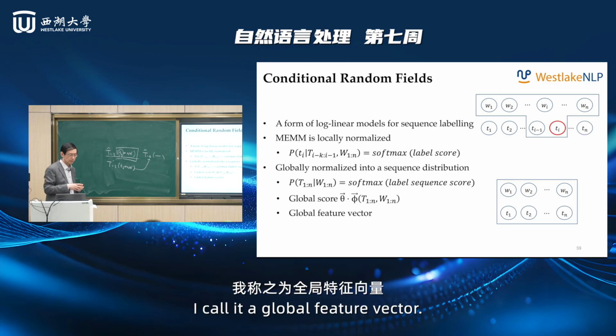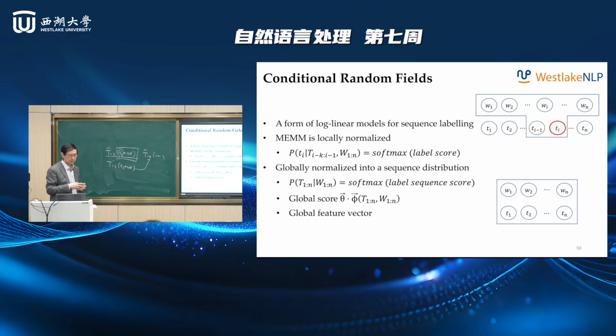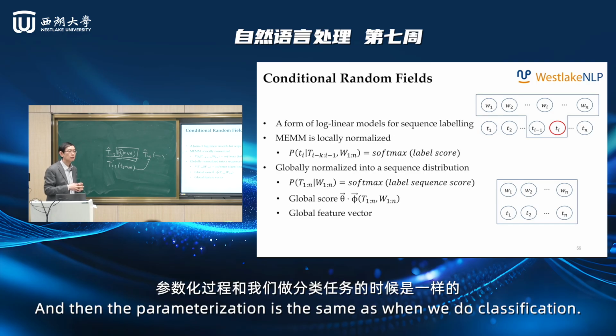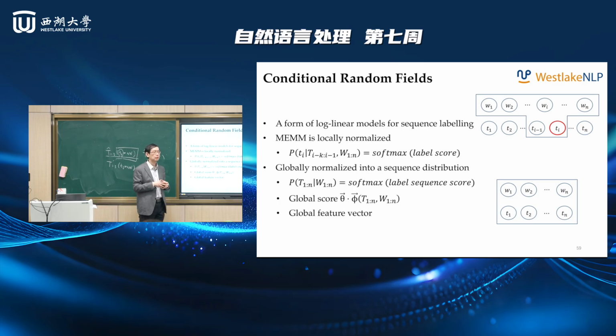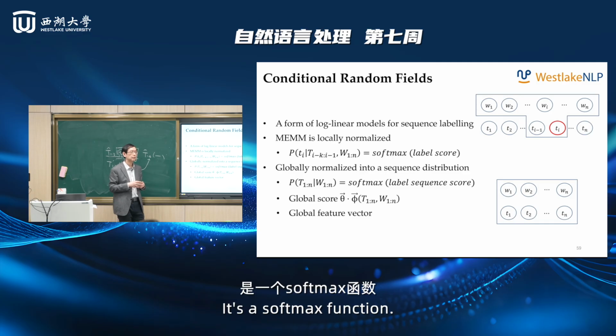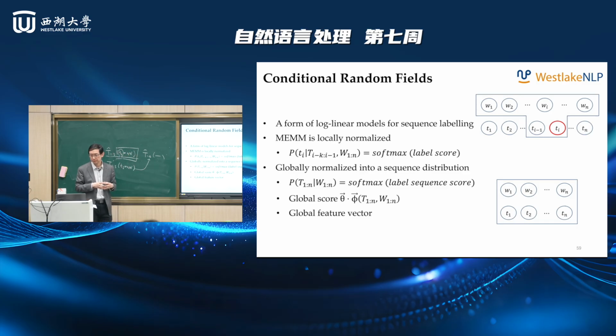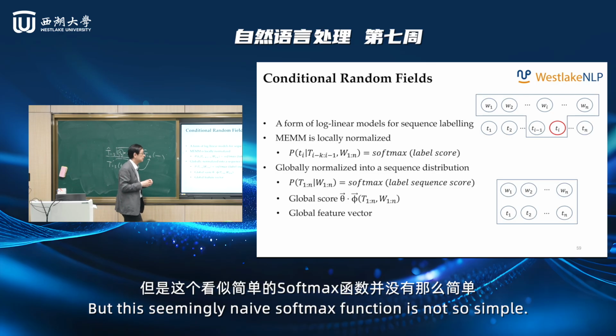I call it a global feature vector. And then the parameterization is the same as when we do classification. It's a softmax function.